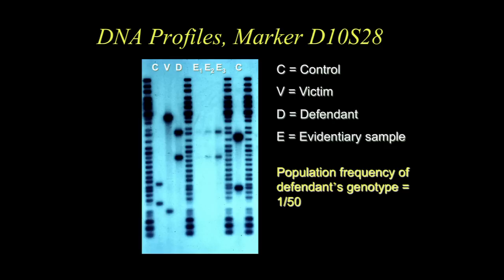In this analysis, for the marker D10S28, we show the DNA marker ladders to the far left and the far right and in lanes in the middle. And the control sample after the markers indicates that the PCR reaction was working, as a positive control.